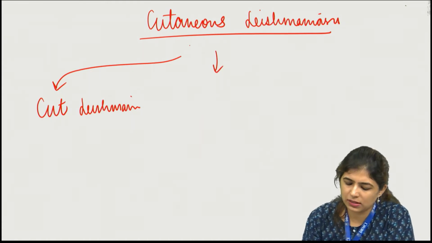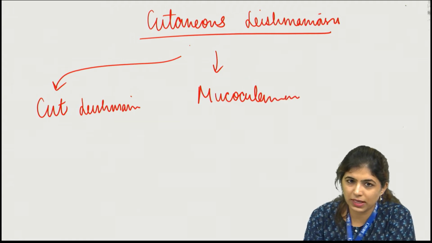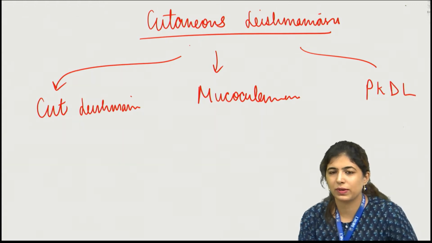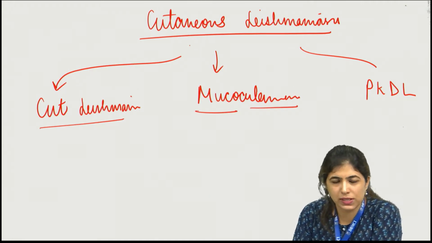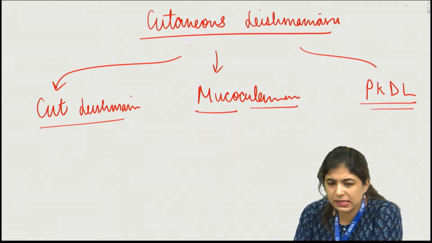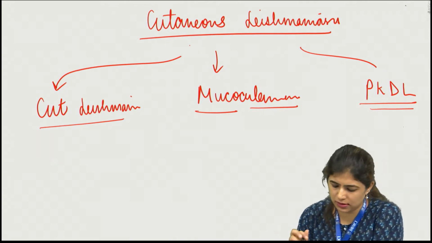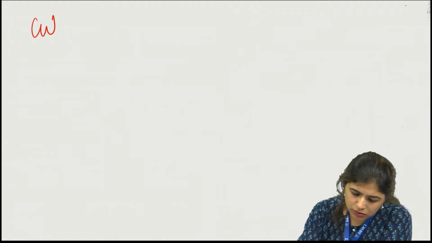Cutaneous leishmaniasis, mucocutaneous leishmaniasis, and post-Kala-Azar dermal leishmaniasis. Mucocutaneous means involving skin and the mucosa, and a separate entity called post-Kala-Azar dermal leishmaniasis. Okay?